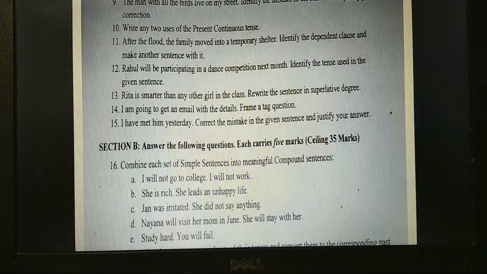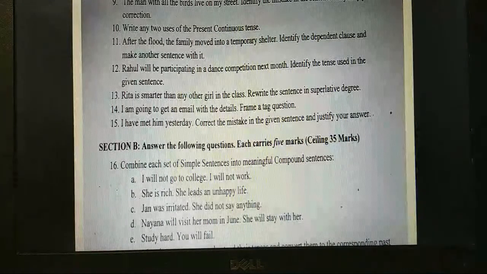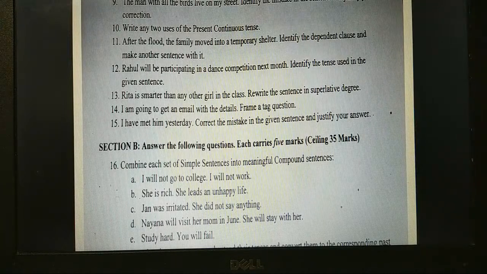Okay, so in this sentence, the dependent clause must be after the flood receded, after the flood ended. But with after the flood, it is not a clause. There is no verb there, but it's an error. But we will correct it this way: after the flood receded.